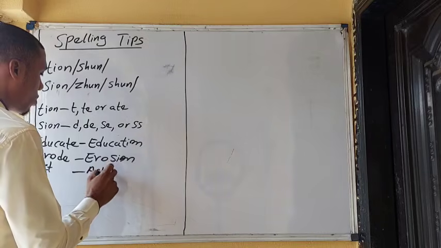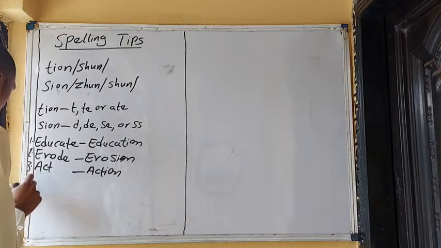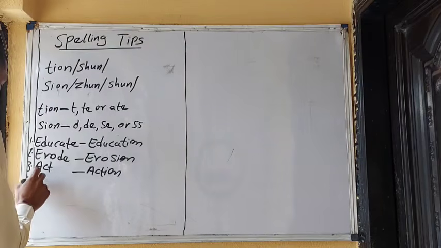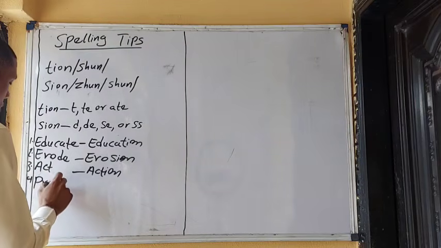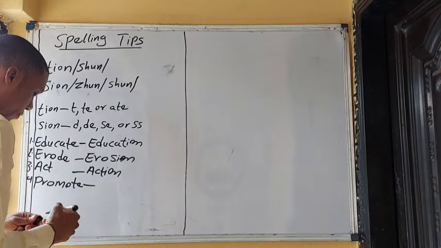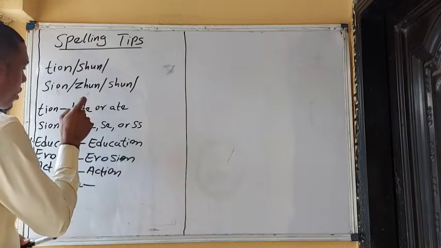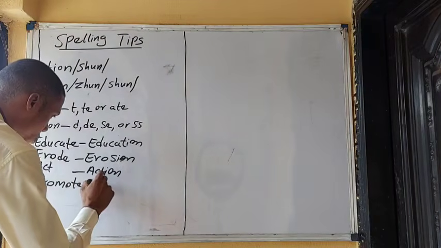Act, then tion. Action. Next, we have number 4. We have promote. So you identify which of the tion, because we are having TE here. So we are going to be using the T tion. So promotion.